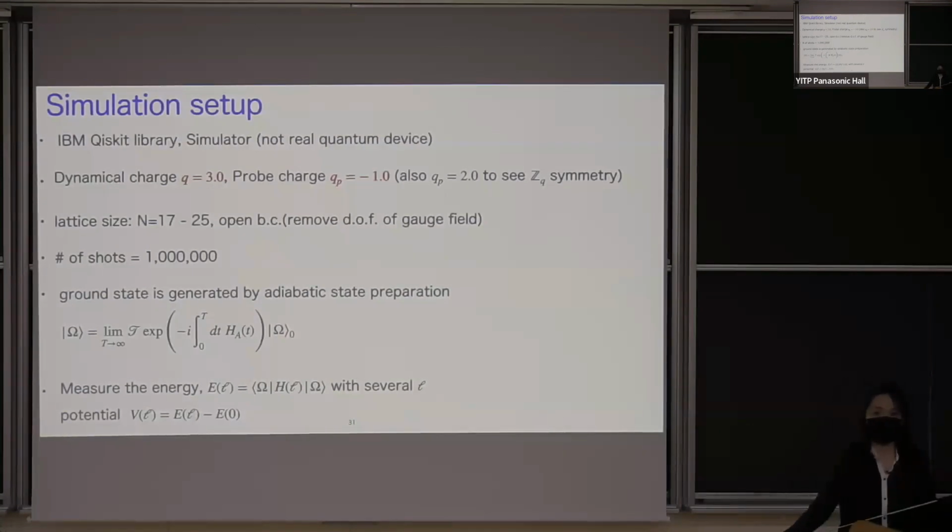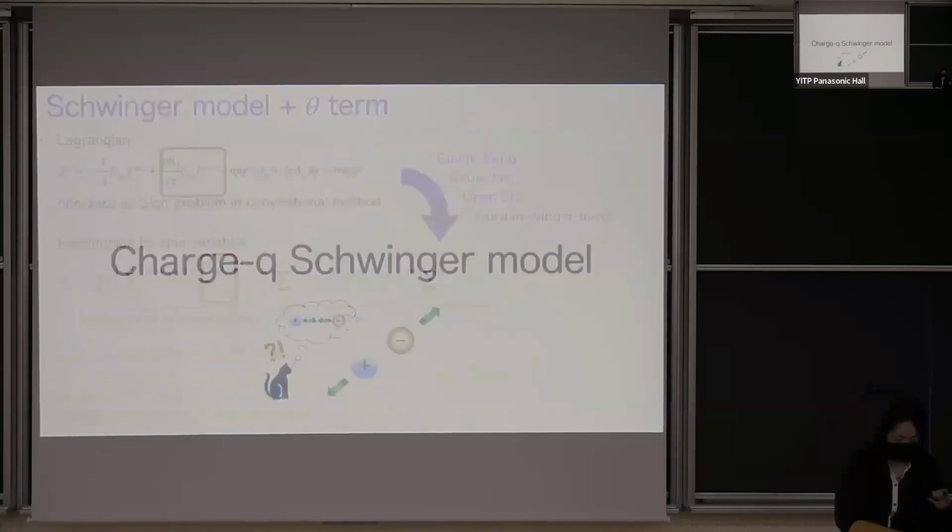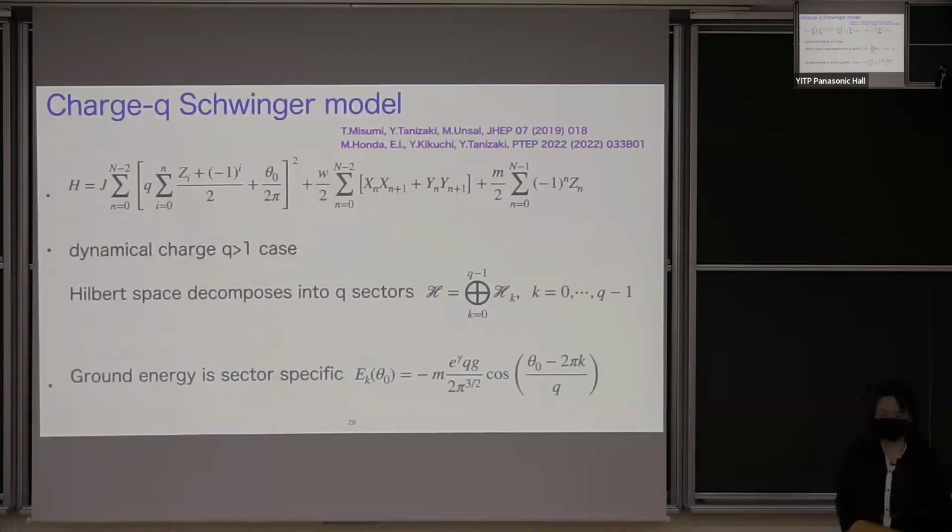Thank you for the nice talk. I have a question about the Jordan-Wigner transform, the charge Q version. First, what is the boundary condition? Open boundary condition. Is it possible to consider the periodic boundary condition?